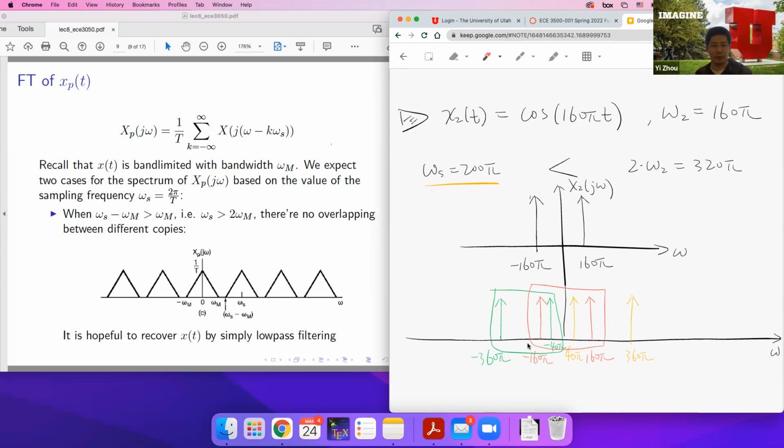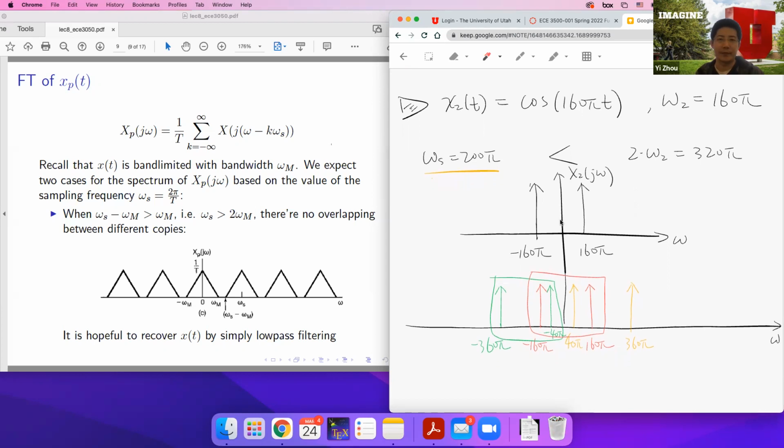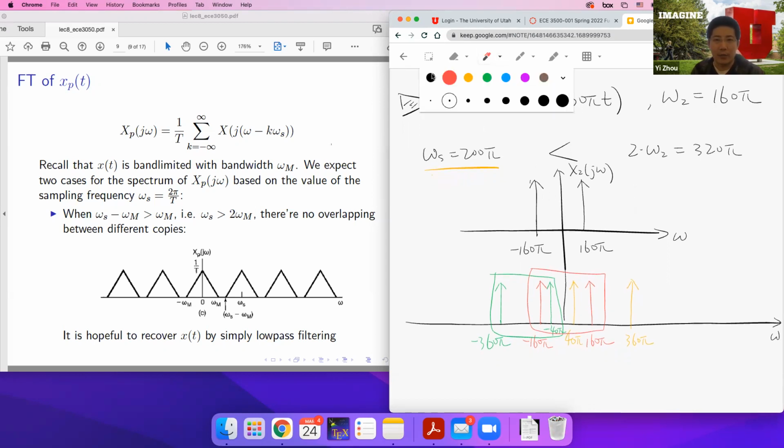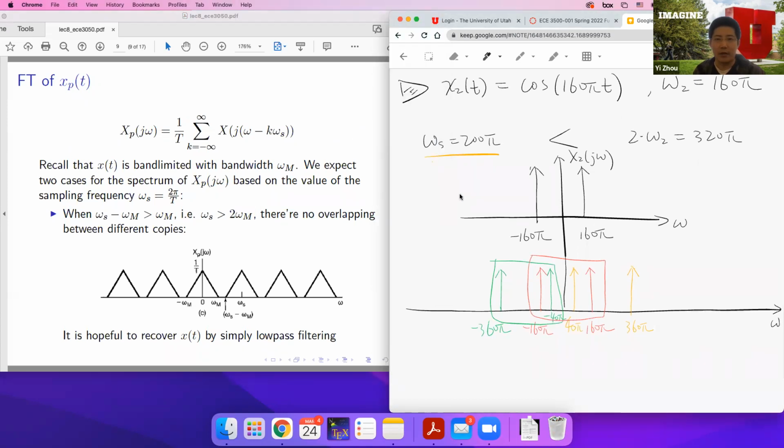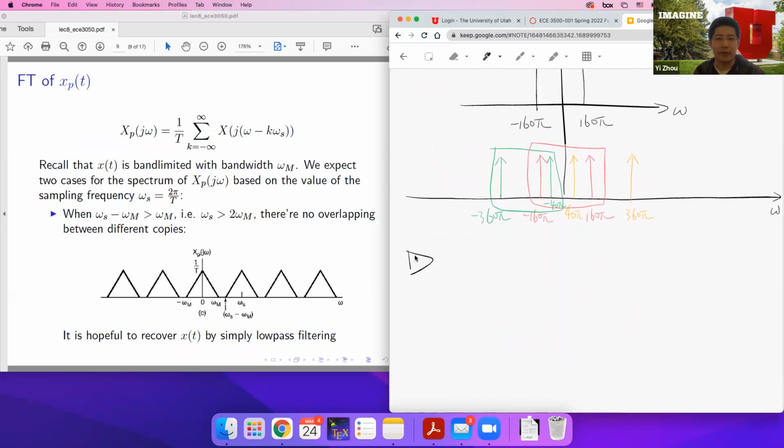Okay, so this shows that if you do not follow the Nyquist criterion, you will have some distortions in the spectrum, and you cannot recover a signal by low pass filtering. So this is consistent with the Nyquist criteria. And moreover, we have another one, X3, so you can do the same thing.